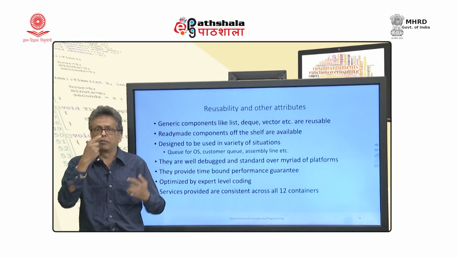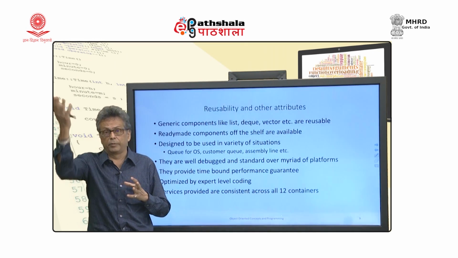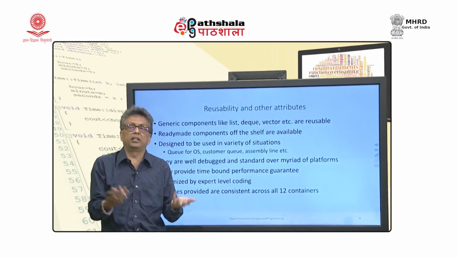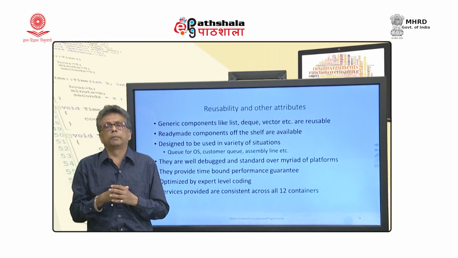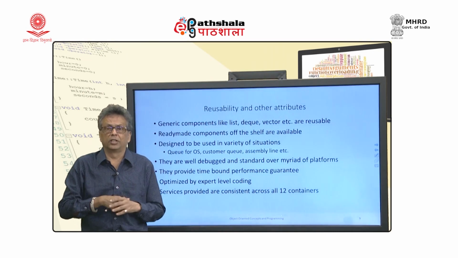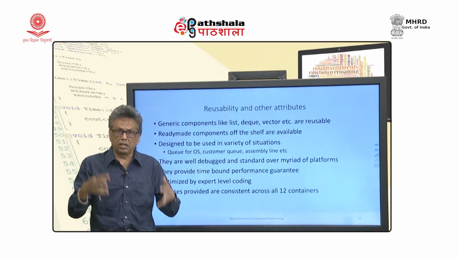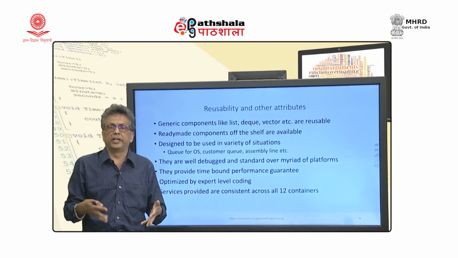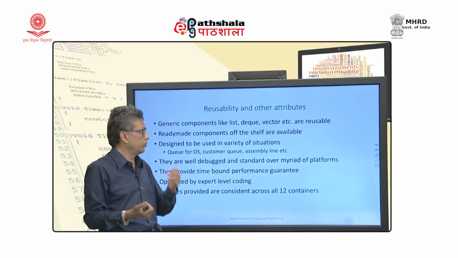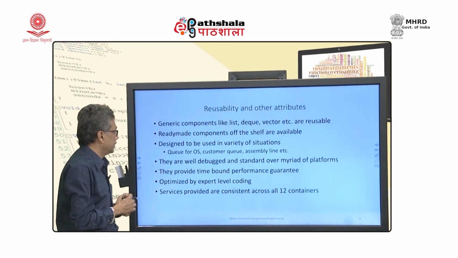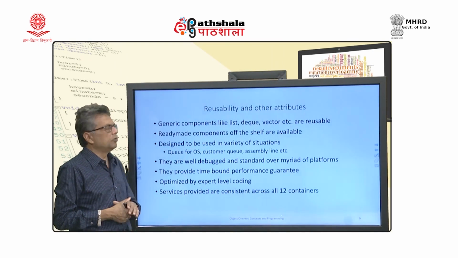So, I do not need to bother with whether it is available on the target, because I may be designing a system that is going to run on the user's machine. Because it is a standard implementation, these components will always be there. They are designed to be used in a variety of situations.